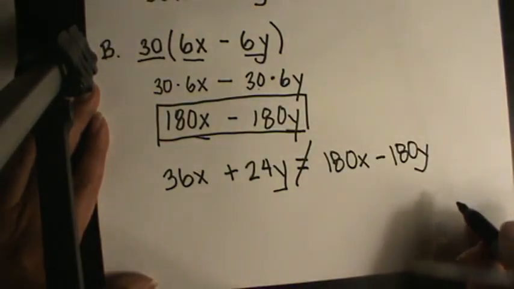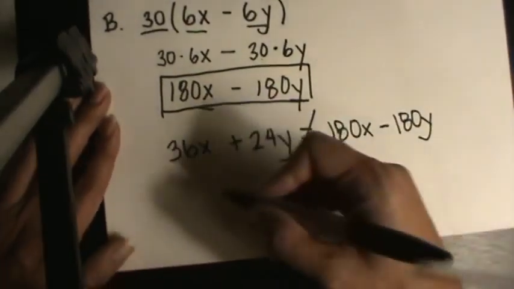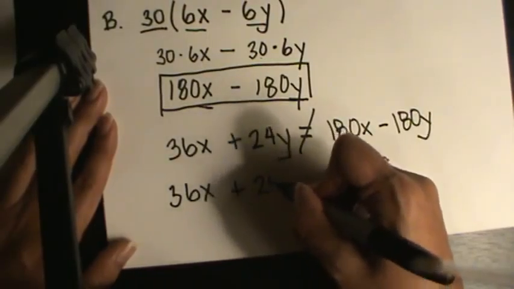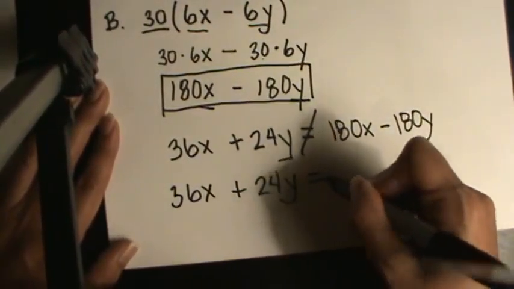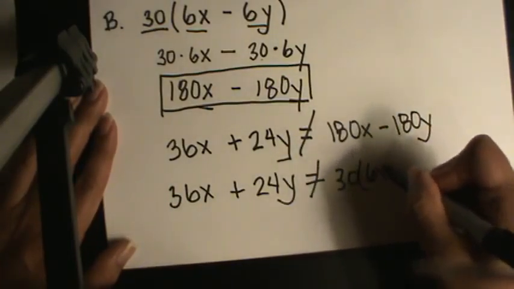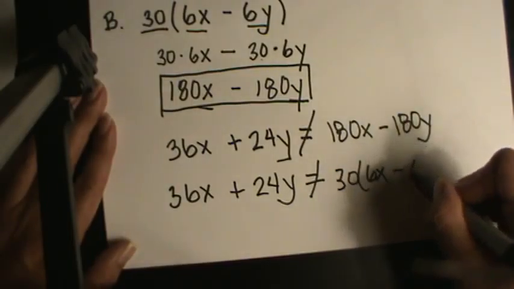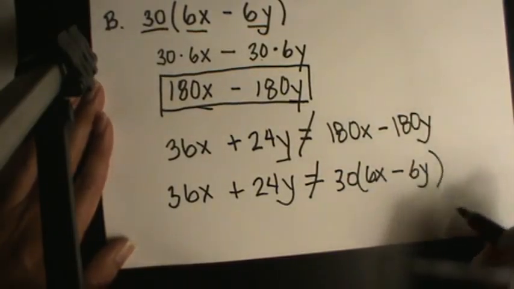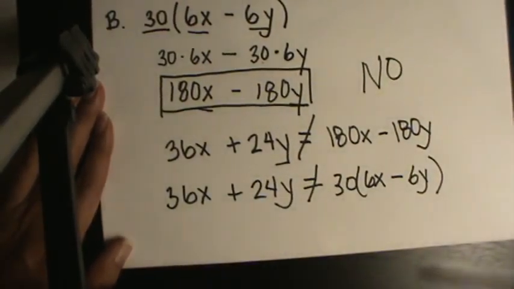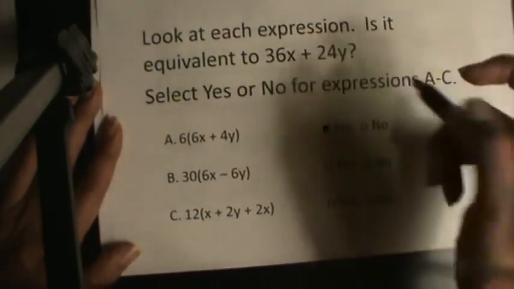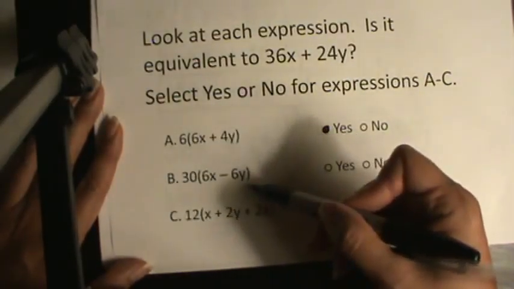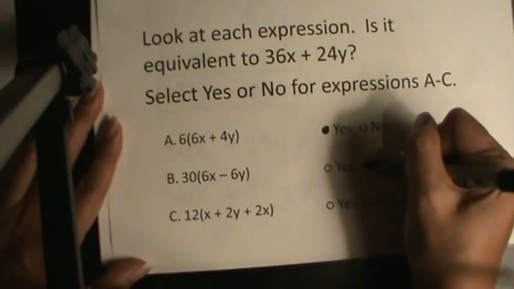Well, no. Since it is not equivalent, then 36x plus 24y is not equivalent to 30 times the quantity of 6x minus 6y. So my answer here is no. So I go back to my original problem. Is this expression equivalent to B expression? No.